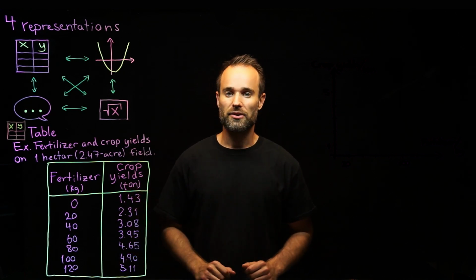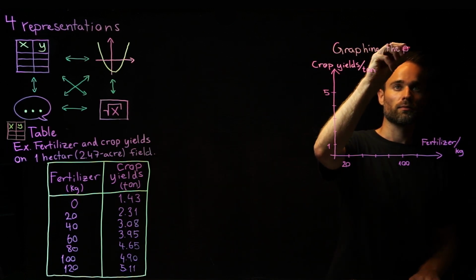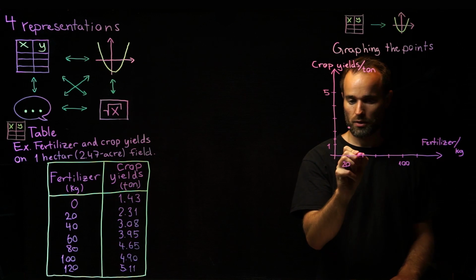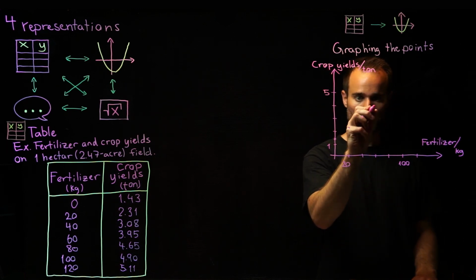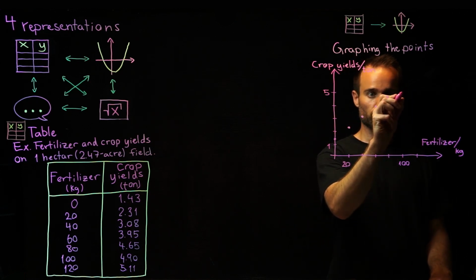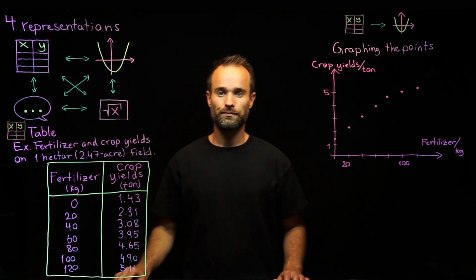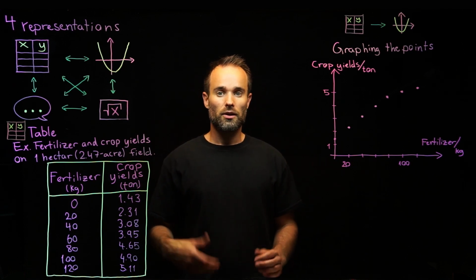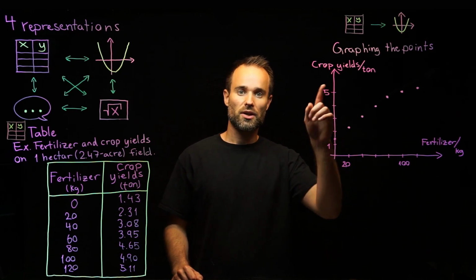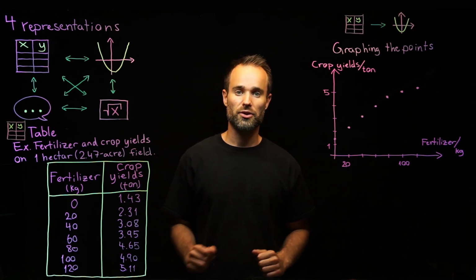Let's graph the number pairs. The graph with fertilizer in kilograms on the x-axis and crop yields in tons on the y-axis also suggests an upward trend in yields the more fertilizer is used.